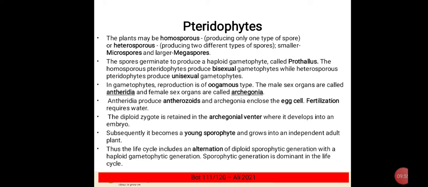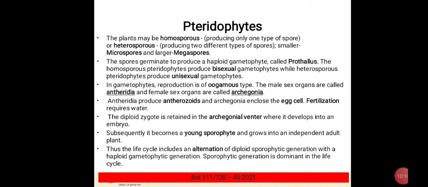But now, which is the dominant one? The dominant generation is the sporophytic generation because it contains the full number of chromosomes. The sporophytic generation produces spores, but the gametophytic generation produces gametes which grow into a sporophyte.